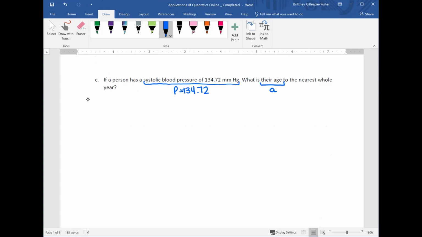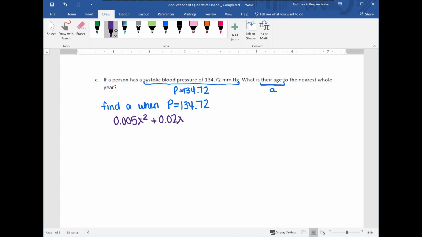So we need to find A when P is 134.72. We're going to take our equation, 0.005 x squared plus 0.02x plus 120, and set that equal to 134.72.